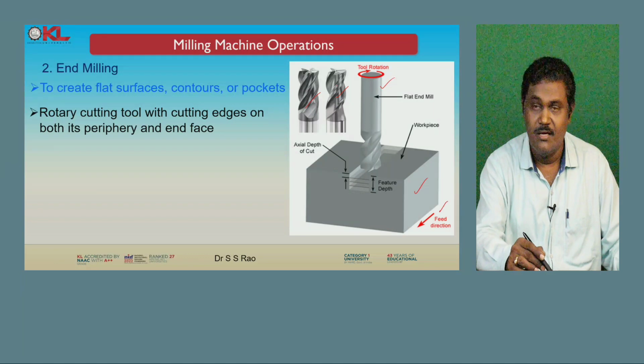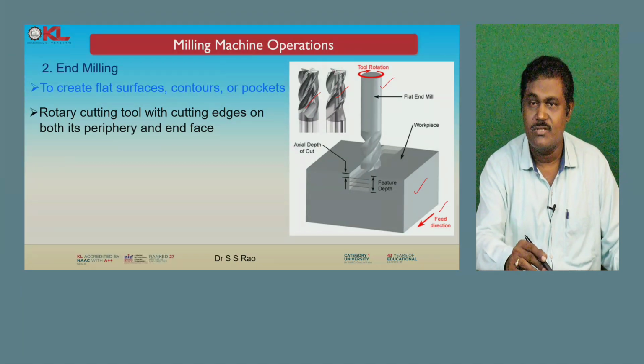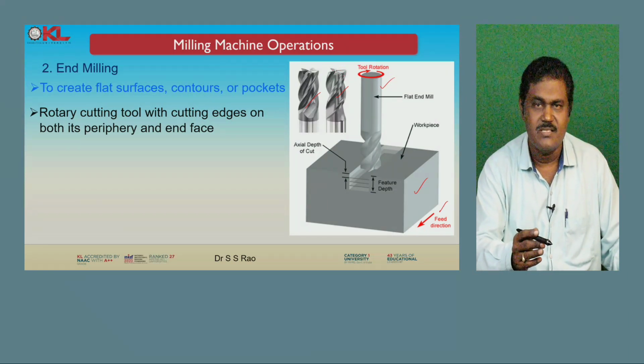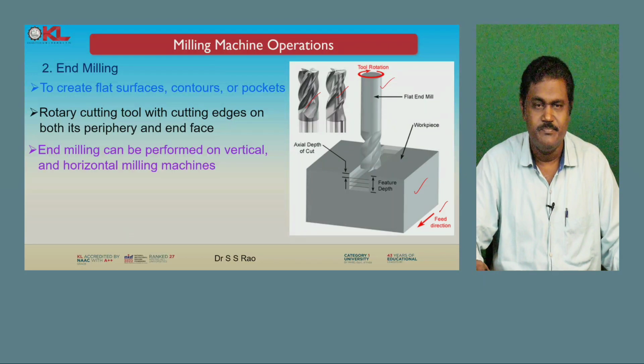So these cutting edges act to remove the material on the bottom and on the side surfaces also. Both ways the material can be removed using this end milling cutter.